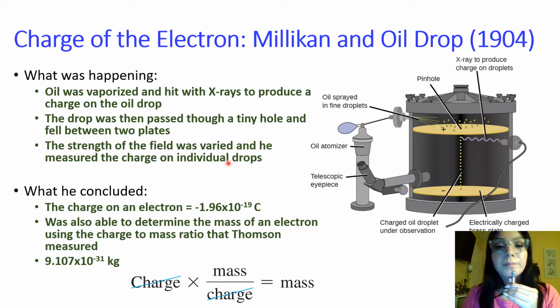From there, he ended up concluding what the charge of the electron was, like an actual value to it, and he was also able to calculate the mass using what he measured, the charge, and the mass to charge ratio that Thomson had measured. So you can see here the little dimensional analysis setup that he used to figure out what the actual mass of an electron was.